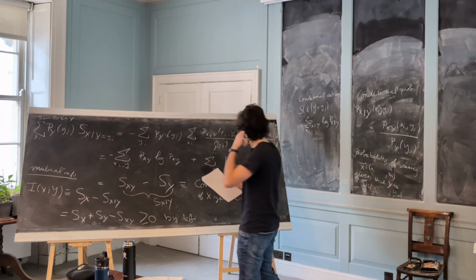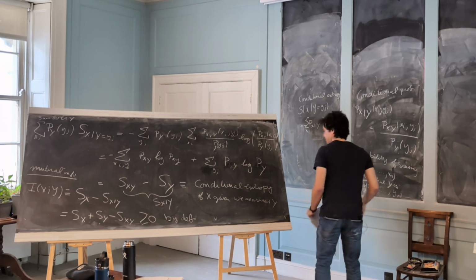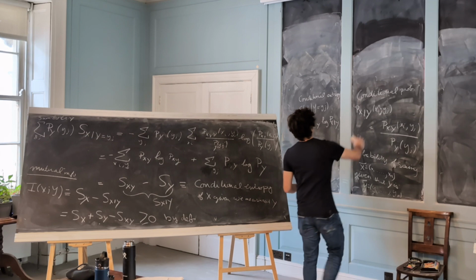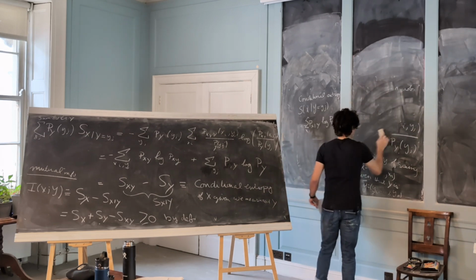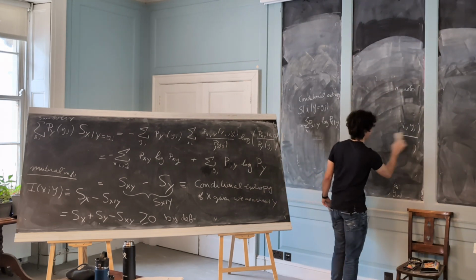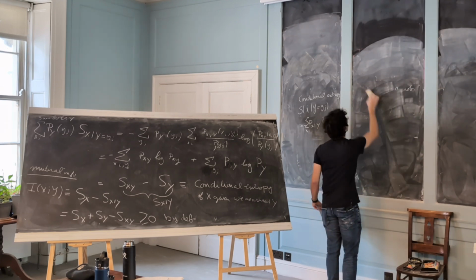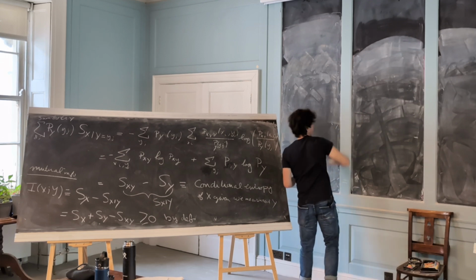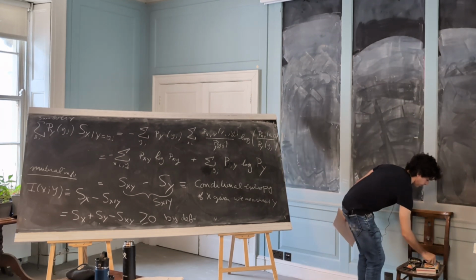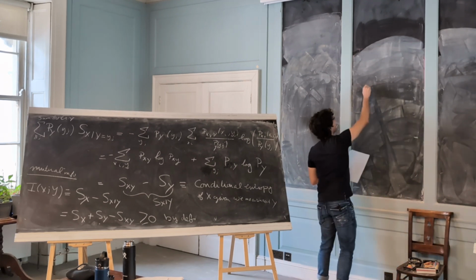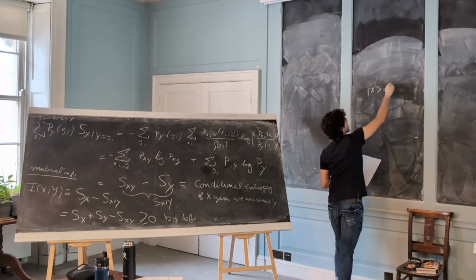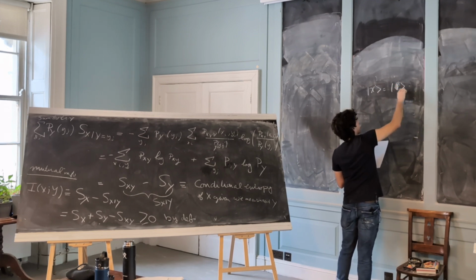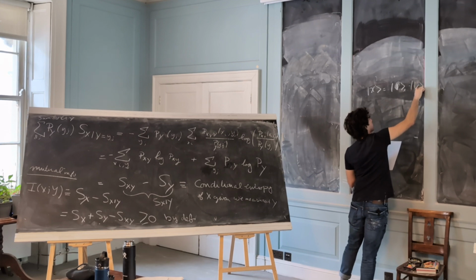Okay, so let's bring it full circle. So remember, we started by introducing two states. One state I called chi, which was down x, down y.